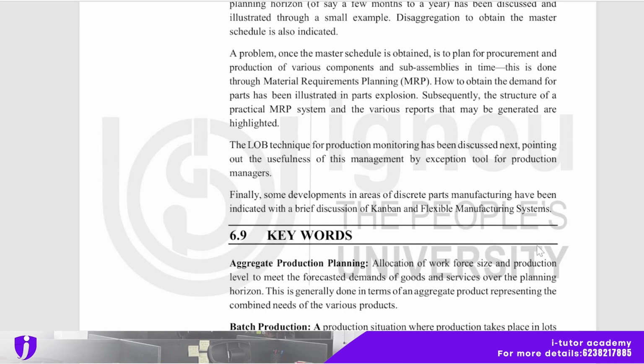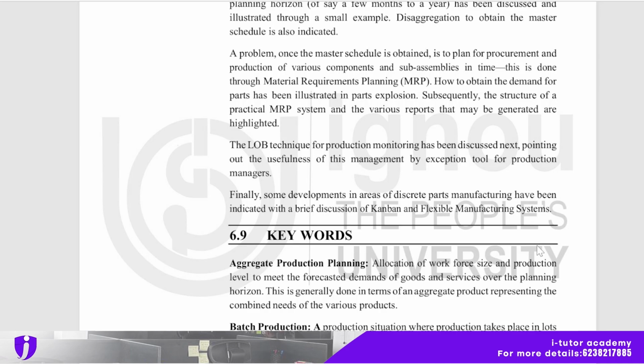And the problem, once the master schedule is obtained, is to plan for procurement and production of various components and assemblies in time. This is done through material requirement planning, that is MRP, and how to obtain the demand for parts has been illustrated in part explosion, and subsequently the structure of a practical MRP system and various reports that may be generated are highlighted.